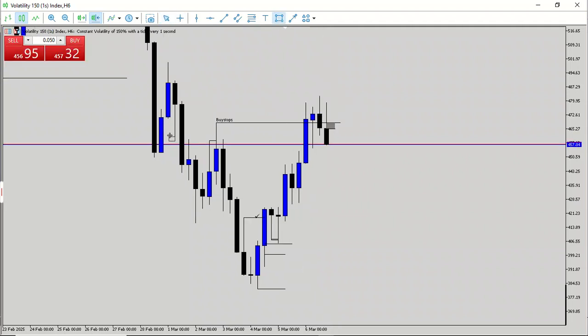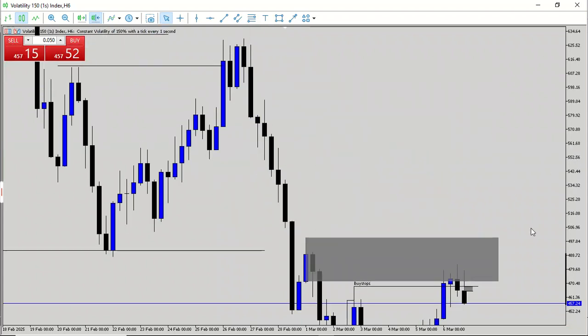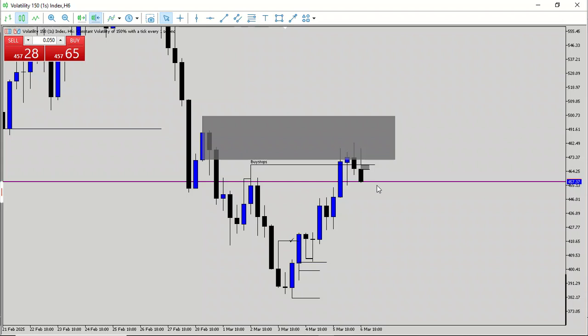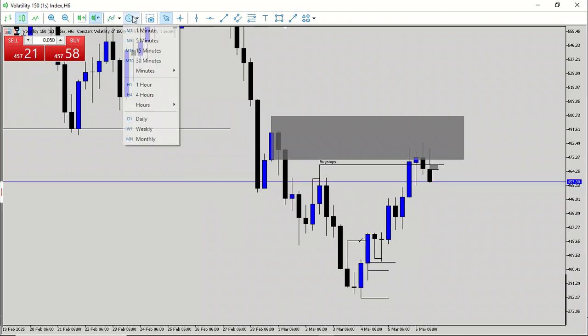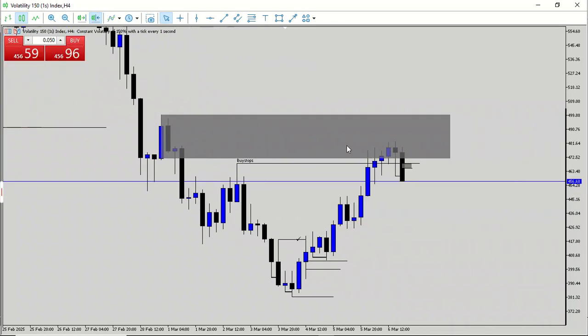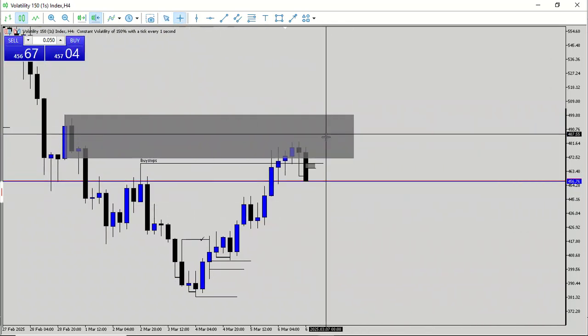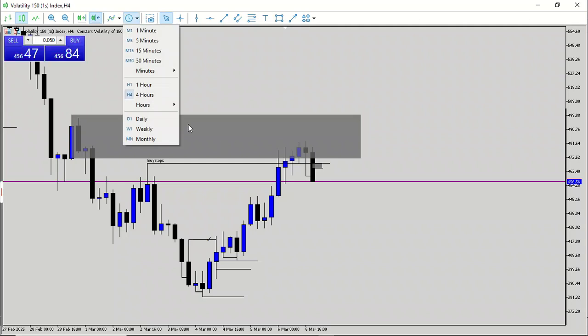So I also noticed that we have this supply zone resting right here. So it's likely that that is where the market trades into to have a reaction to continue a bearish trend. And the interesting thing is that that's happening on a Thursday, which is like a reversal trade for us.